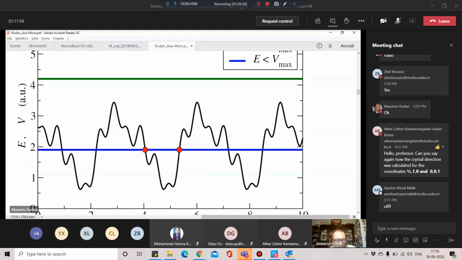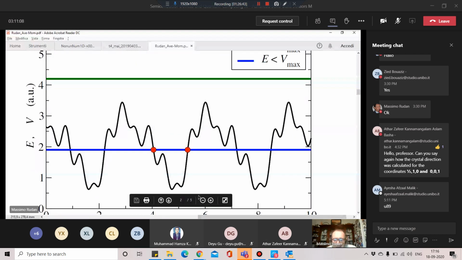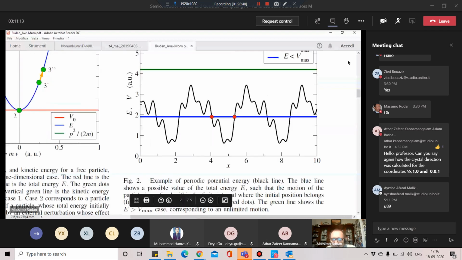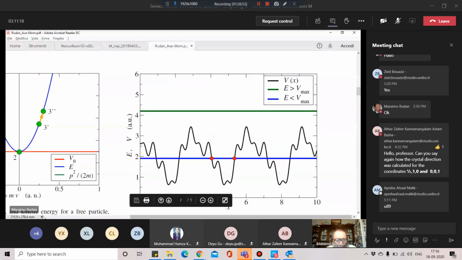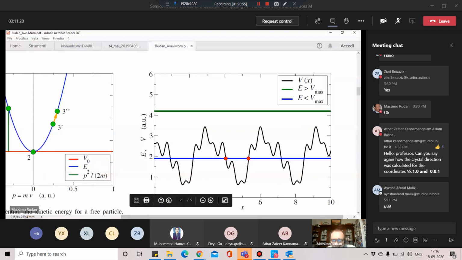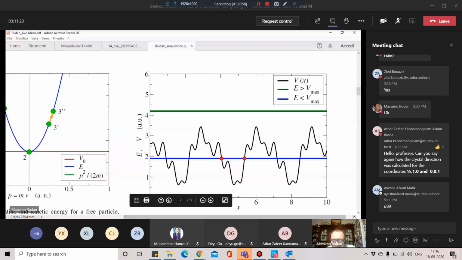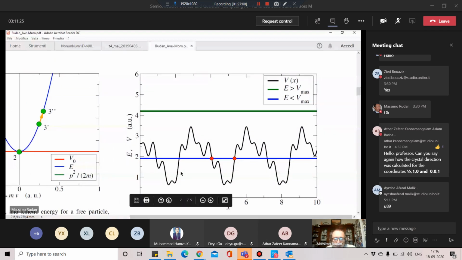So in this diagram, the black line is a periodic potential energy, periodic in space.